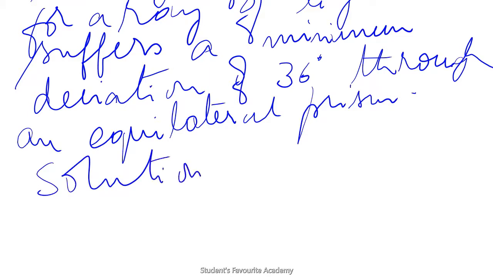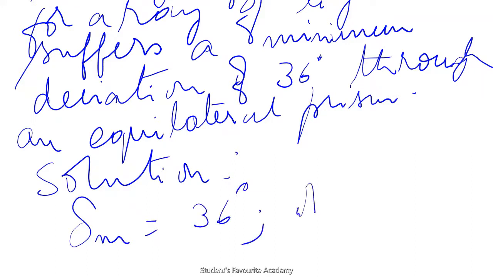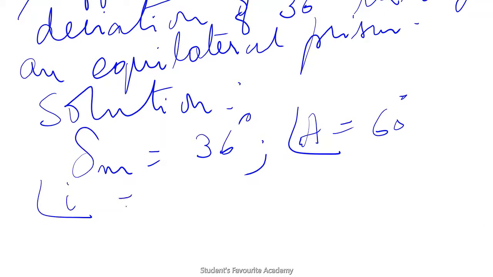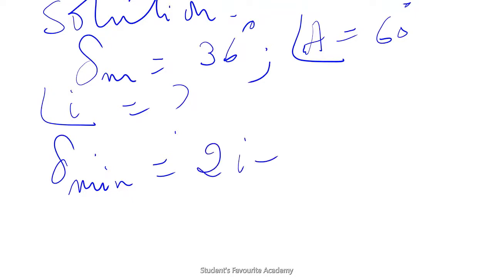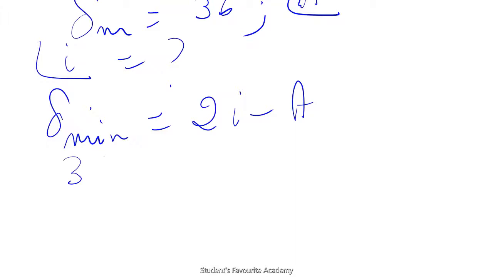So, solution. Angle of minimum deviation is 36 degree and angle A is equal to 60 degrees, and angle I, how much we have to find. So again same formula, delta minimum or angle of deviation is equal to 2I minus A. So 36 degrees is equal to 2 into I minus 60.